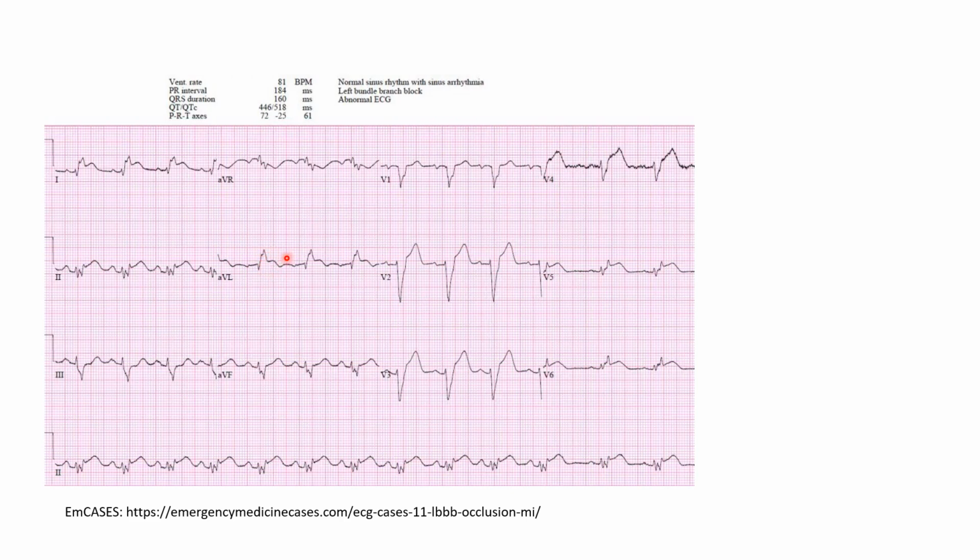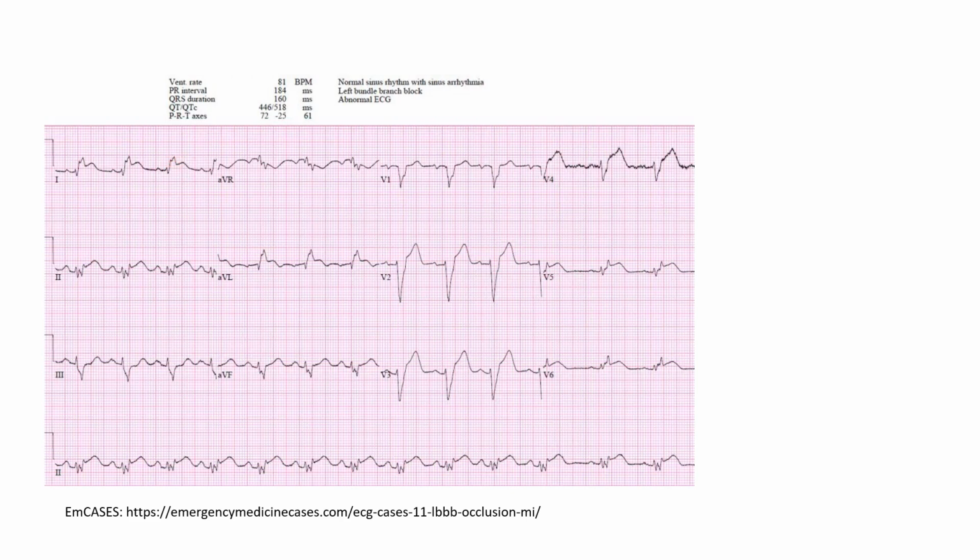And definitely here, and this is concordant here too, just in the opposite direction, so that's reciprocal to that. This is definitely OMI. That's the second criterion: 1 millimeter of concordant ST elevation.